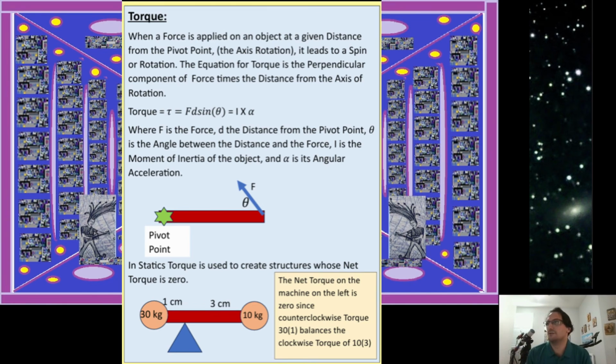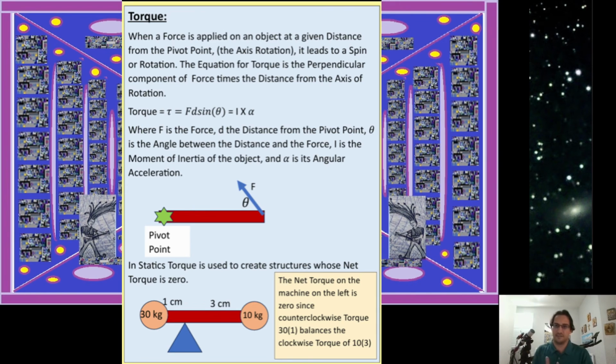The equation for torque is the perpendicular component of force times the distance from the axis of rotation. So here we have the equation, F d sine of theta. It's the component of the force perpendicular to the length of the object.